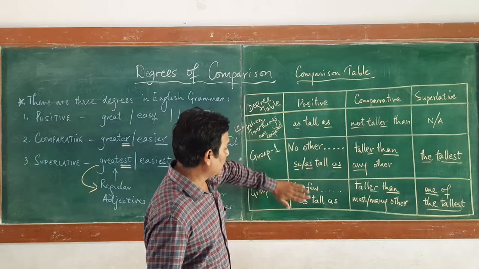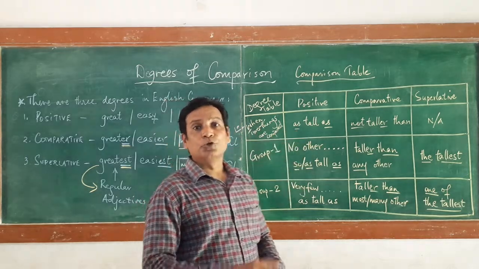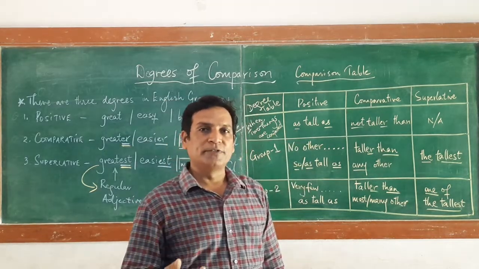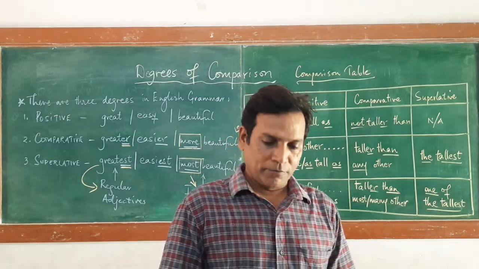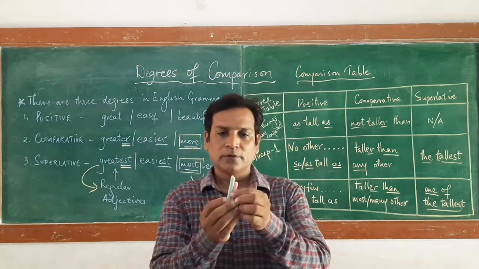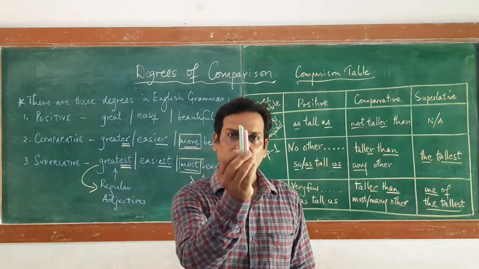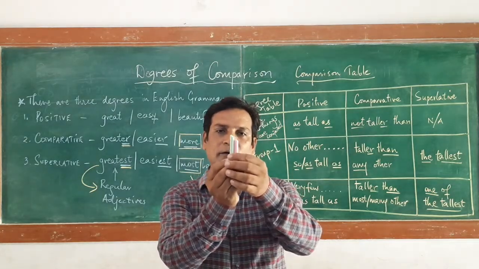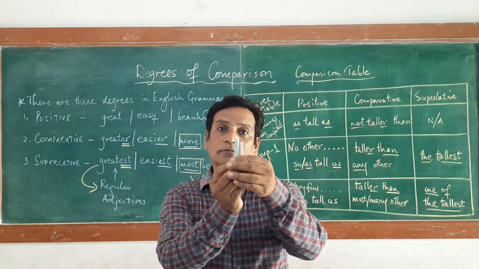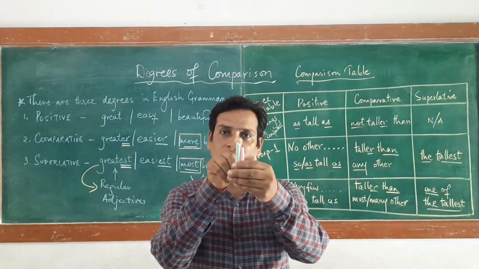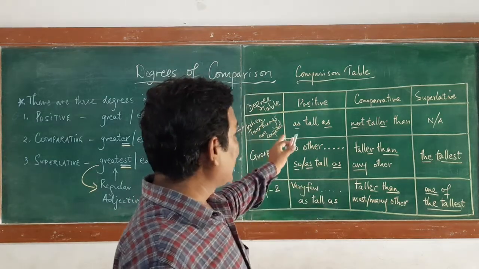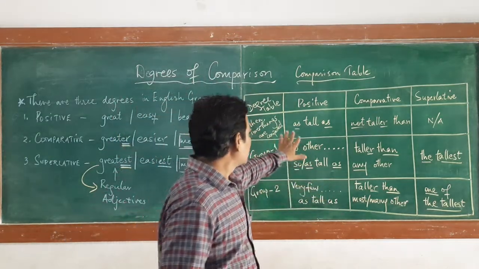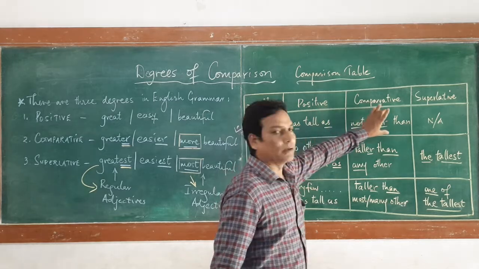I will not focus on the others because I am dealing only with two people, two things, two objects, or anything which is compared. For example, these two chalks, the green one and the pink one. Which chalk do you think is taller? Green is taller than the pink one. So likewise, when two things are compared, you will focus on this particular table.